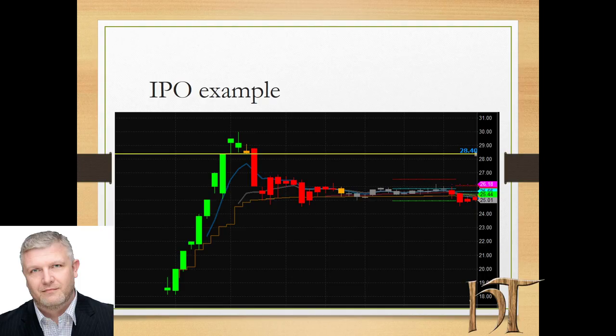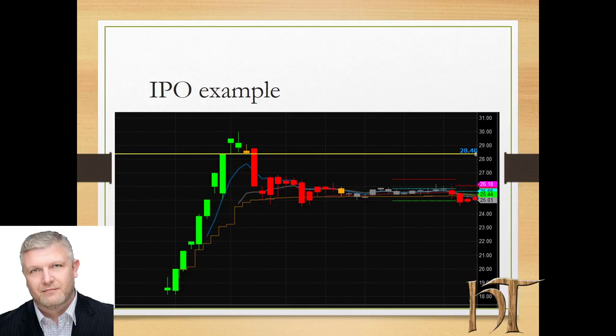When it's surging up, and it's halted, and then it reopens, and it's surged up, and it's halted once again. So in this case, it's like 3 times, and then it's dropped down. It was halted a 4th time as it dropped down, and then it was sideways for a little while.